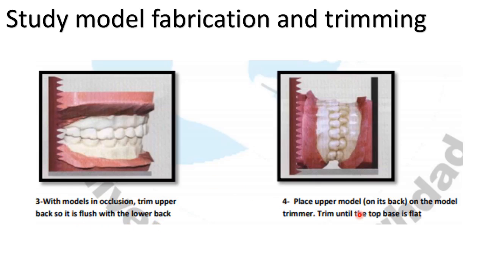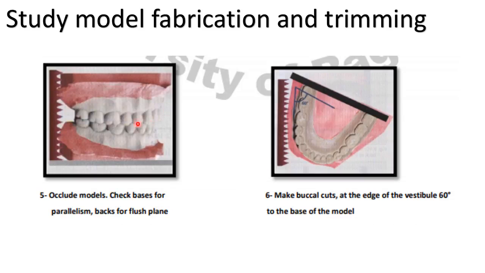Then place the upper model and its back on the model trimmer and trim until the top base is flat. Then occlude the models again and check the bases for parallelism, and that the backs are flush in a flush plane.